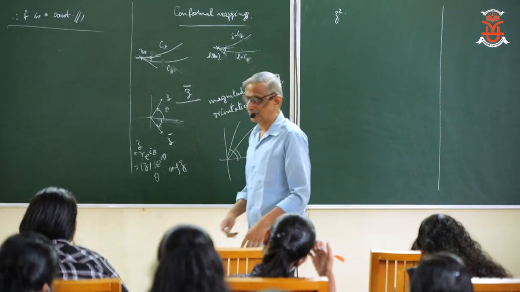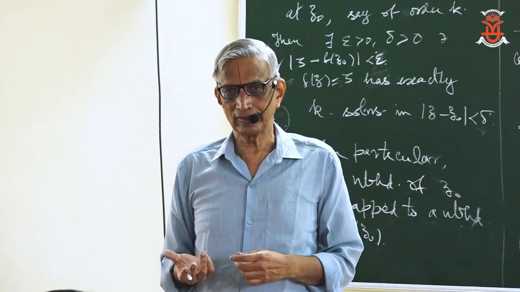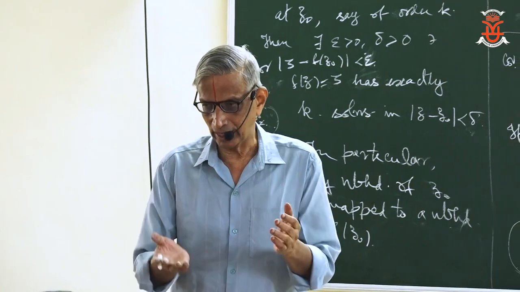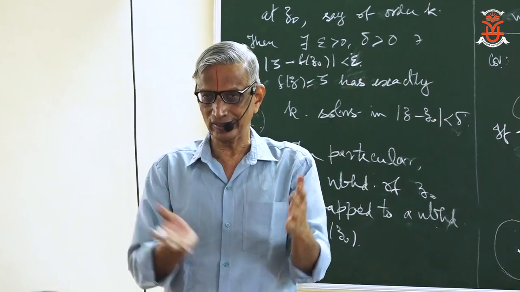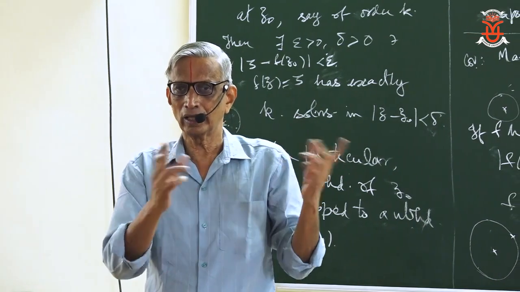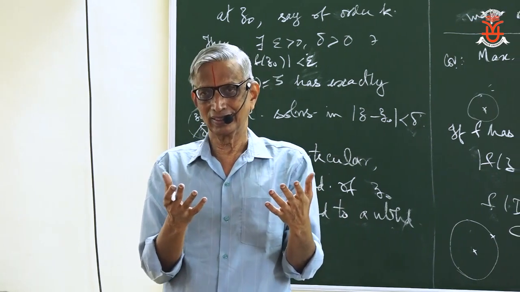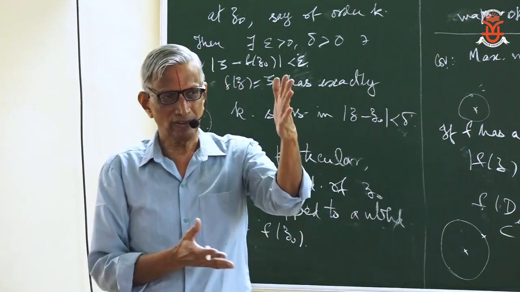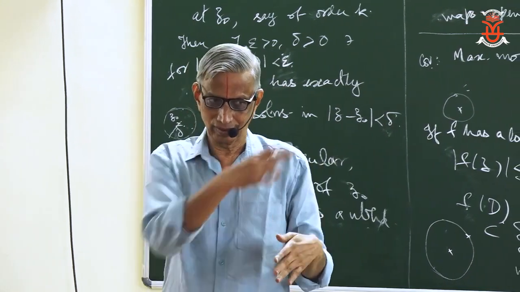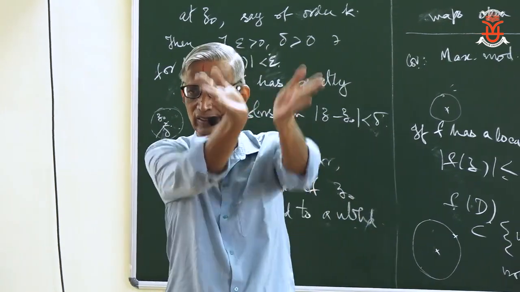So what happens to the argument under the function z squared? If the argument of z is theta, the argument of z squared is 2 theta. So whatever curve you consider at 0, the arguments are going to be doubled, right? If one is theta 1 and the other is theta 2, the angle between these two is theta 1 minus theta 2.